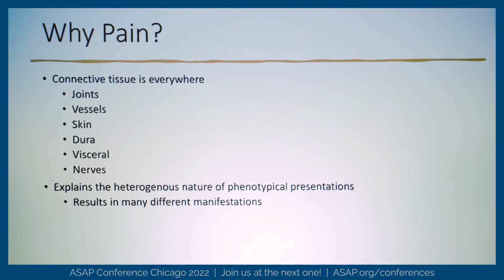It results in just many different manifestations. And that's what can be difficult for patients, because connective tissue is so ubiquitous, there could be involvement almost anywhere. And so oftentimes the pain won't necessarily localize all that easily, which can be problematic when they're seeing neurologists. And oftentimes the pain can be hard to treat.